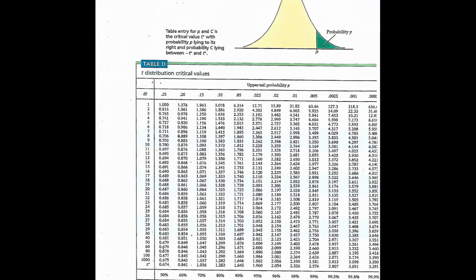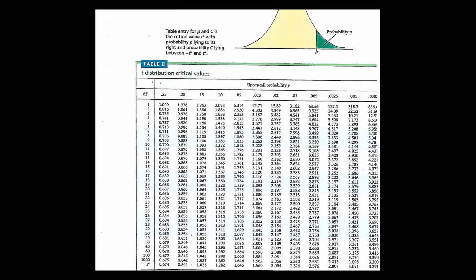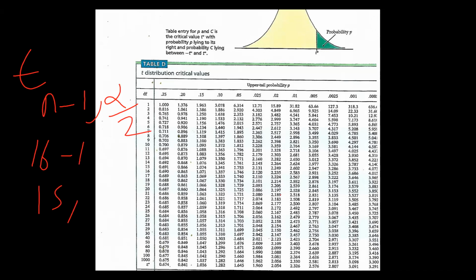So listen to this one. How do you get this one now? You just say, what is the degree of freedom? Our T, n minus 1, comma, alpha over 2. That is for the double-tailed. Our n is a sample size, which will be 16 minus 1. So it will be 15, comma what?